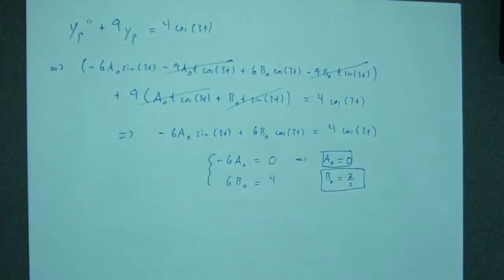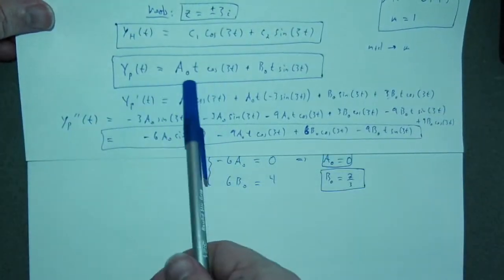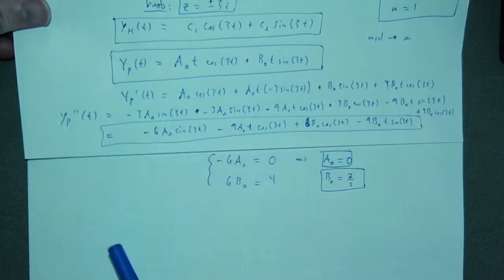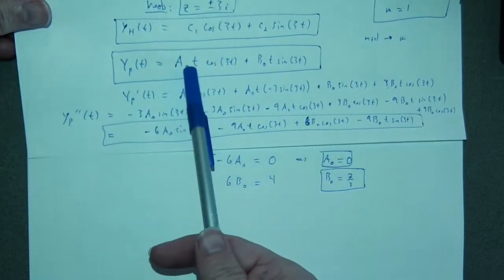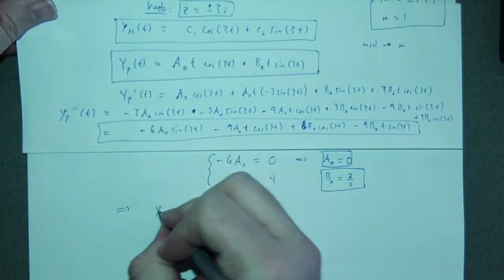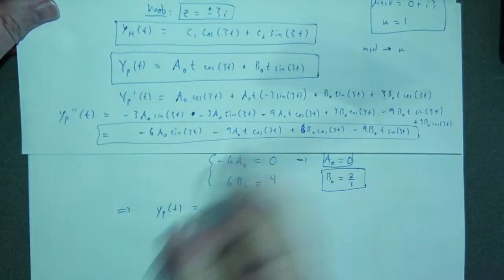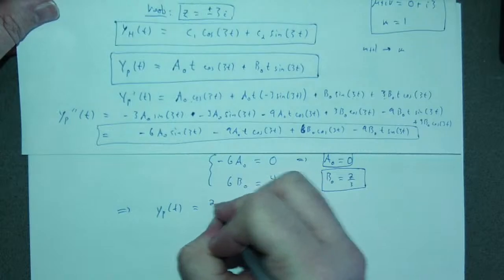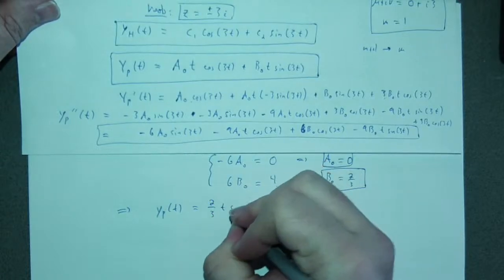Cool. Very good. So, if we go back to our particular solution here, we found that a naught has to be 0 and b naught has to be 2/3. And so, this means that our particular solution, y sub p of t, must be 2/3 t sine of 3t.